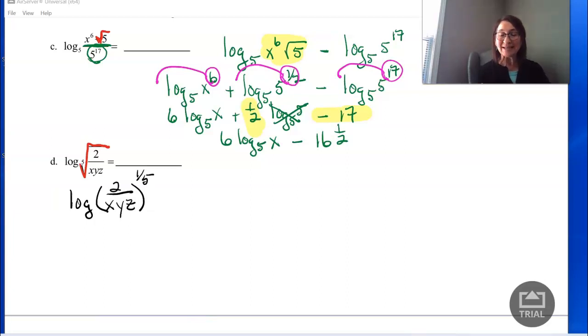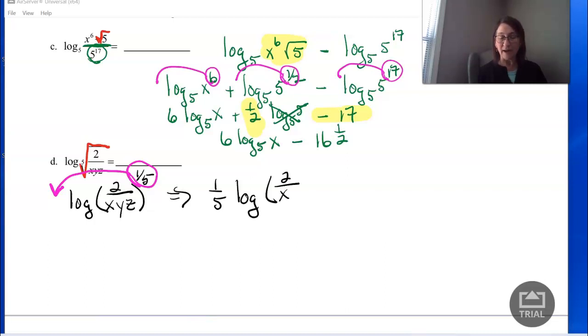Now I'm going to take this 1/5 and pull it out front. So this is going to give me 1/5. Oops, I said 1/5, but wrote 1/2. 1/5 log of 2 over xyz.